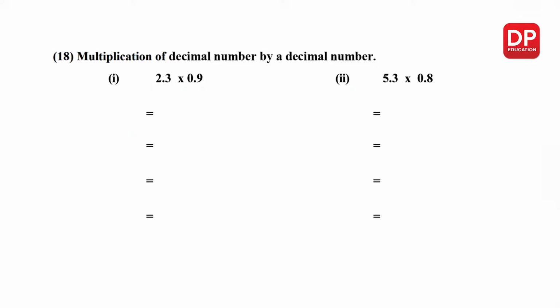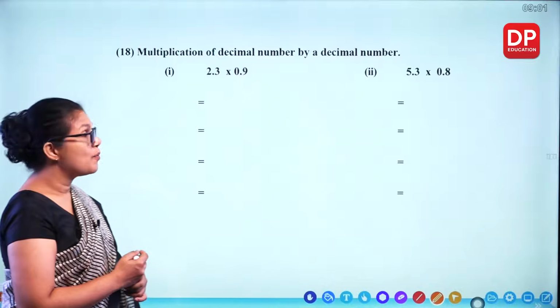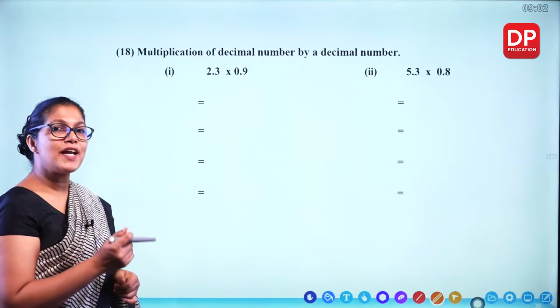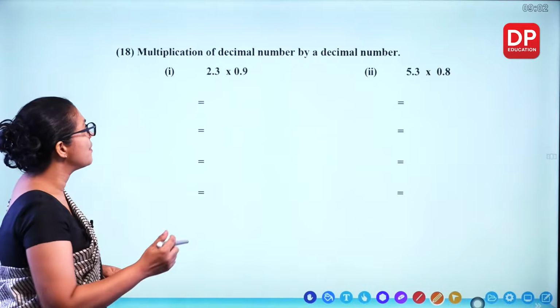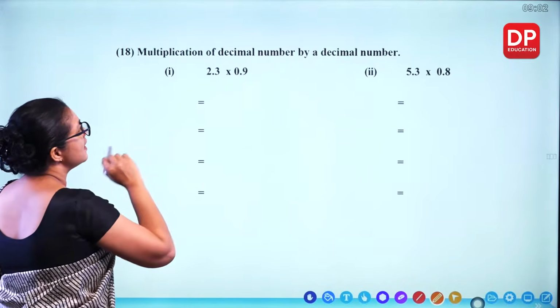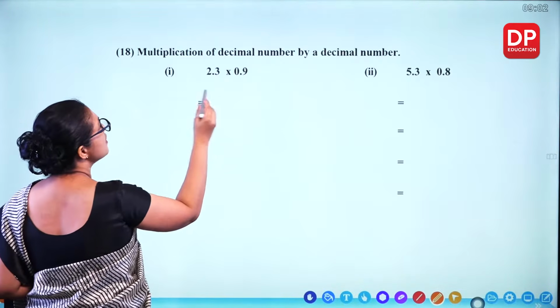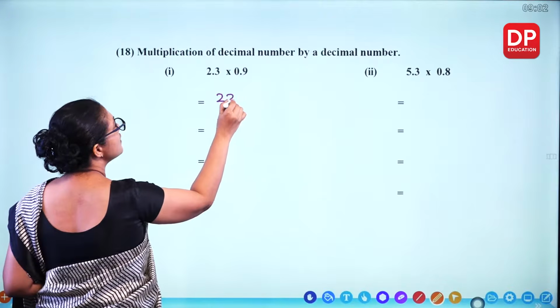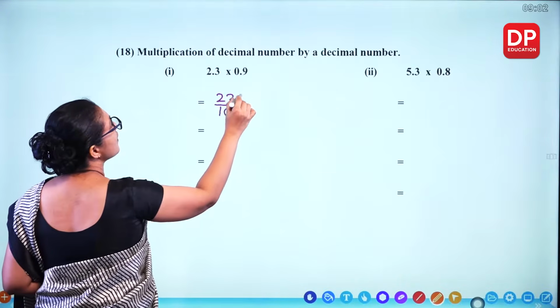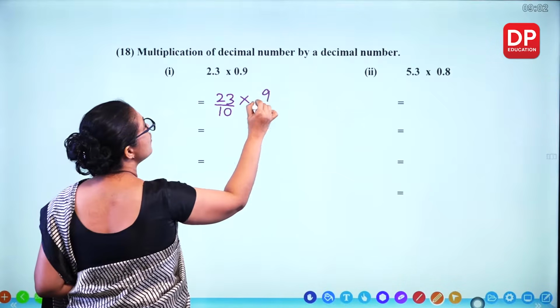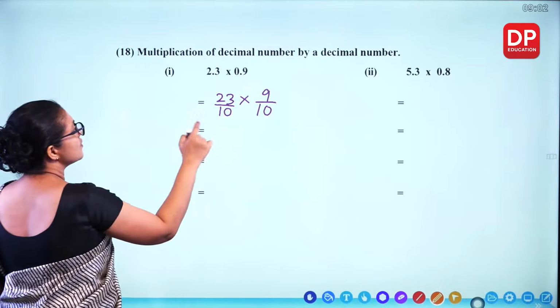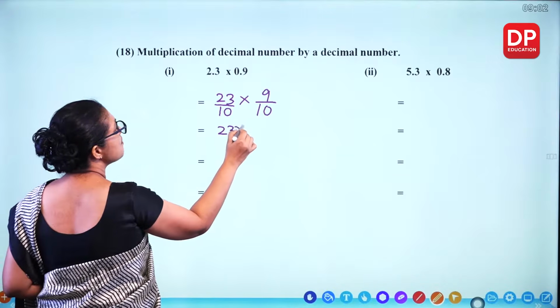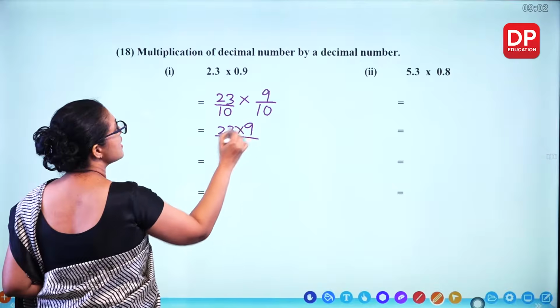277.68. Now we'll look at multiplication of decimal number by a decimal number. We discussed before, multiply a decimal number by a whole number. Now both are decimal. Convert this one to a fraction. 2.3 you can write 23 over 10. 0.9, 9 over 10. So you can write 23 times 9 over 10 times 10.